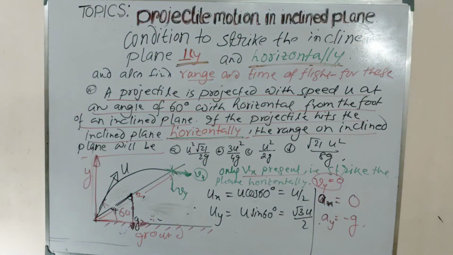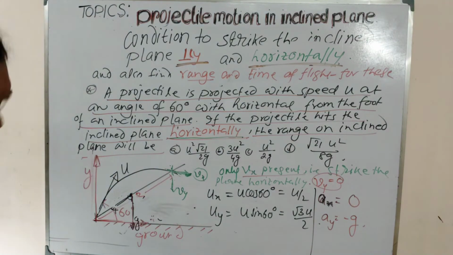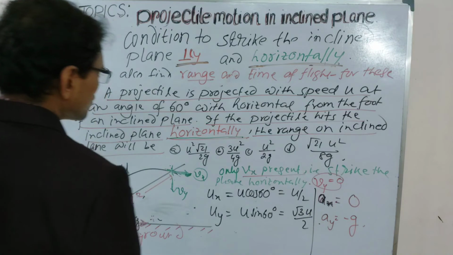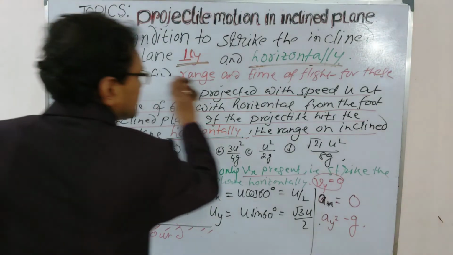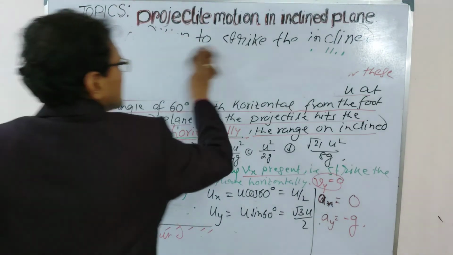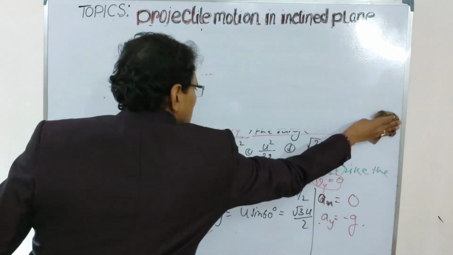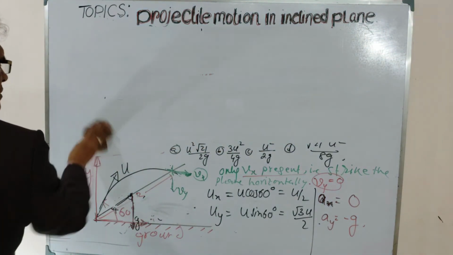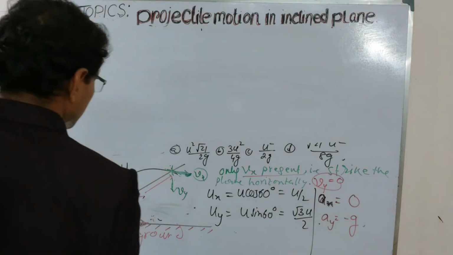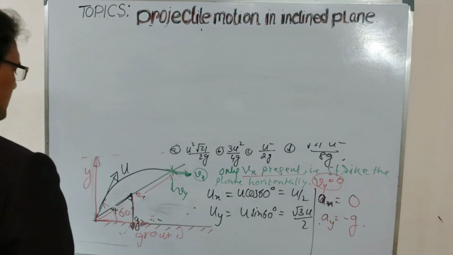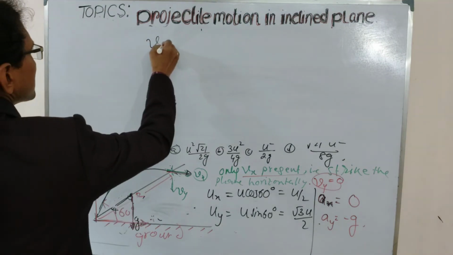Okay, now first we find the time. First we use the condition that it strikes the inclined plane horizontally, so Vy must be 0.